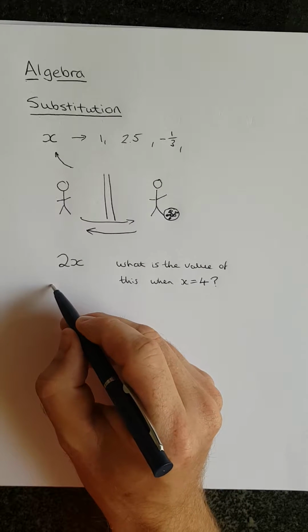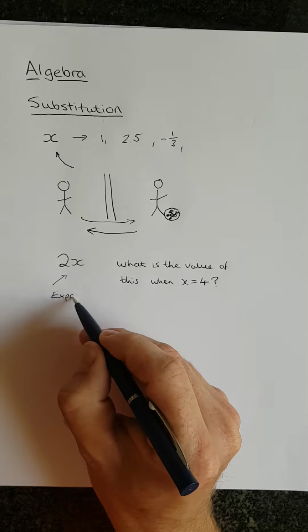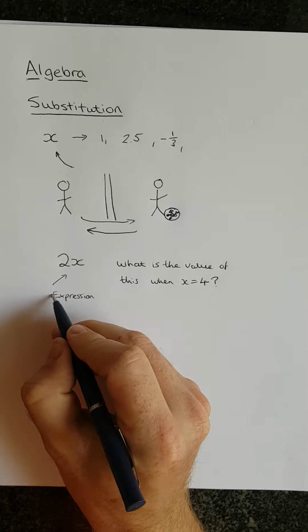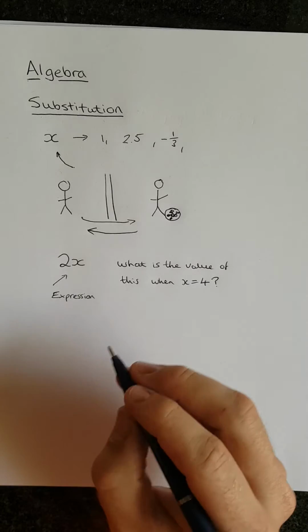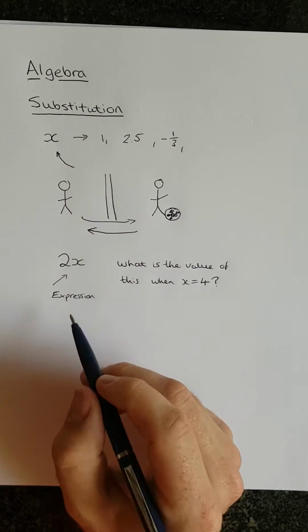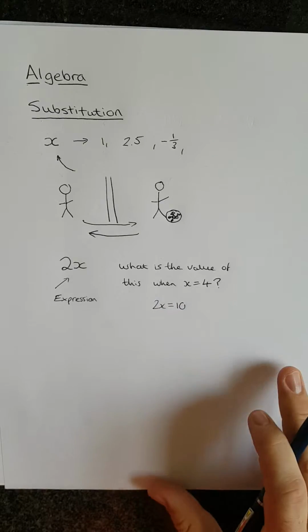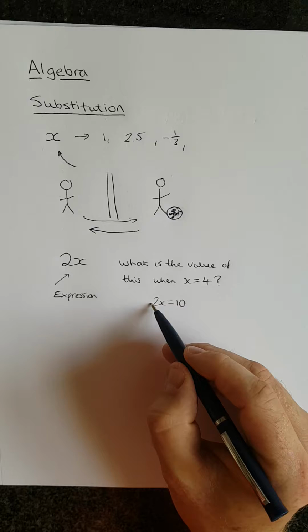Now, 2x is what we call an expression. That means it can hold any value, because x could be 4, it could be 6, or it could be 10. Later on we'll see what happens when something like 2x is equal to a set value, forming an equation. That's for later.